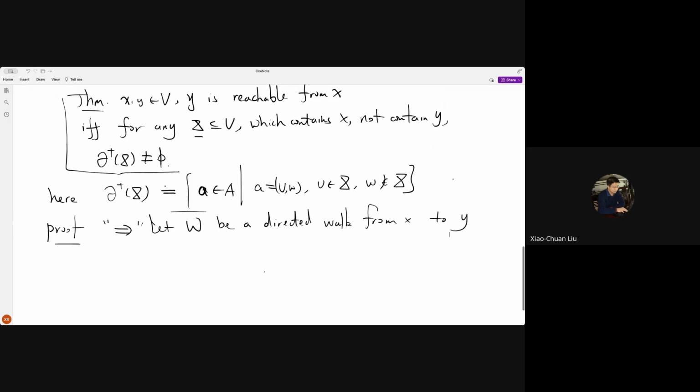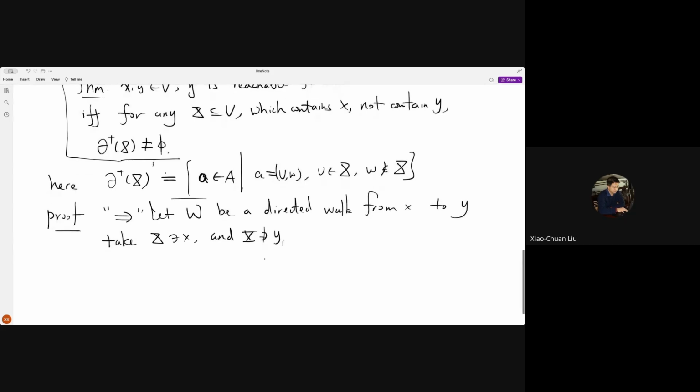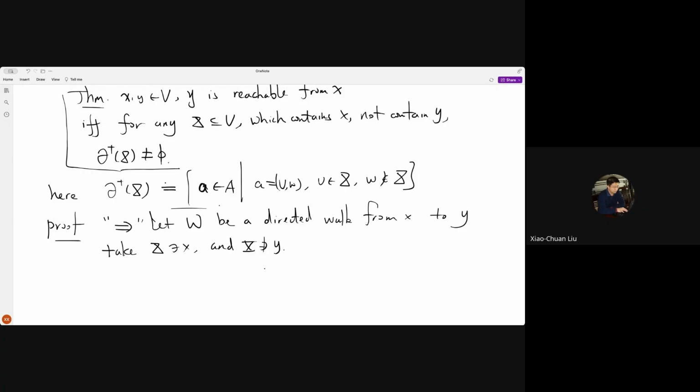So we want to prove this condition. Take a vertex subset containing X, and it does not contain Y. We want to prove that the outer boundary of the subset is not empty. In order to do this, finding one arc is enough. You just find one arc that exactly leaves the set.